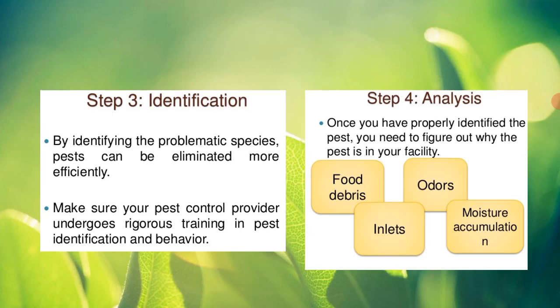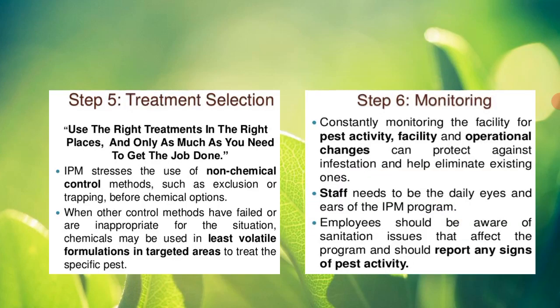Then the fifth step in the integrated pest management program will be treatment selection. Since we now know which species or pathogen is present, and by which route it is coming, we have to select which treatment we want to opt for, such as biological or chemical methods.